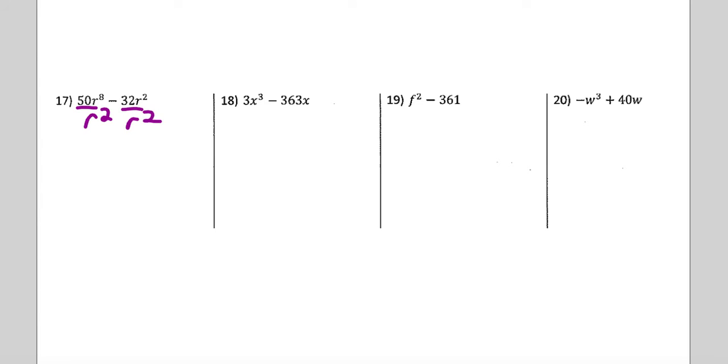But since there's two terms that are being subtracted, I want to try to create perfect squares. And the GCF of these two numbers is 2, which also creates perfect squares. So 2r squared comes out in front as the GCF. We're left with 25 r to the 6th minus 16.